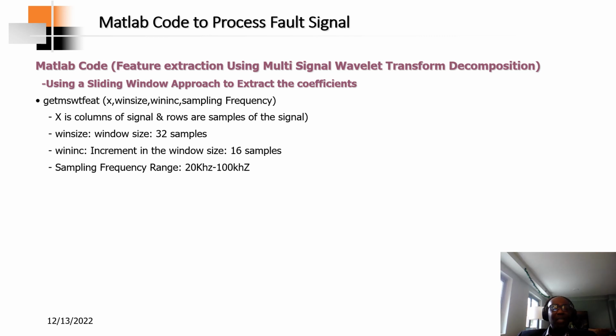It could be a DC fault signal or AC fault signals, arranged in rows and columns, and the window size I selected is 32 samples, and the increment is 16 samples. The window size of 32 samples is good enough to cover where the fault occurs. And of course, the sampling frequency, I've varied it between 20 kilohertz and 100 kilohertz.